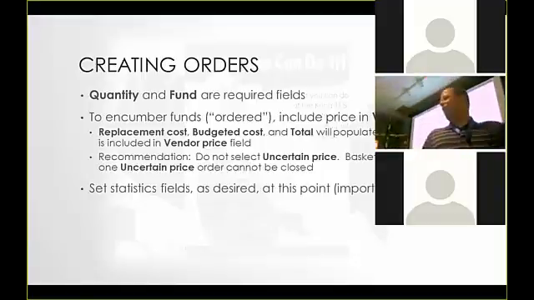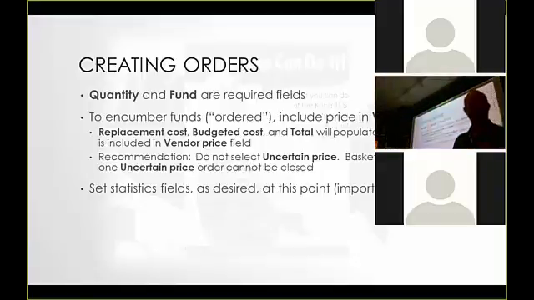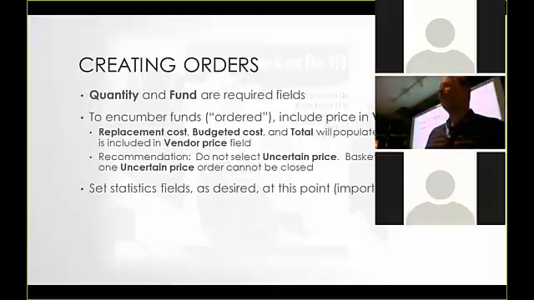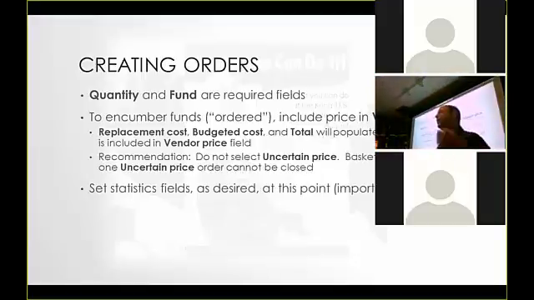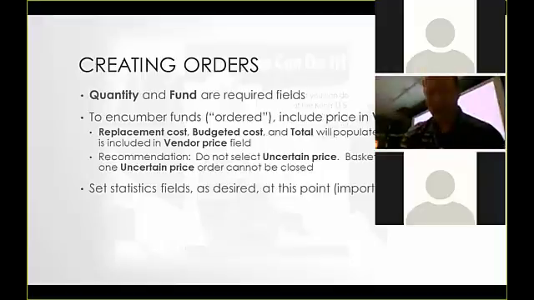The last thing you will want to consider, remember those statistics? When you select the two statistical values and you are creating an order, at first those two fields are blank, but when you select a fund, it references the funds table and says, oh yeah, these are the two statistical categories you want for these. It goes ahead and populates them at that point in time.